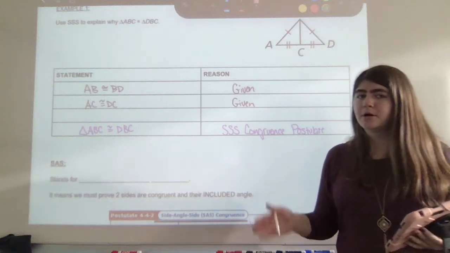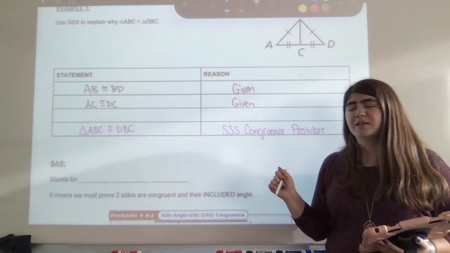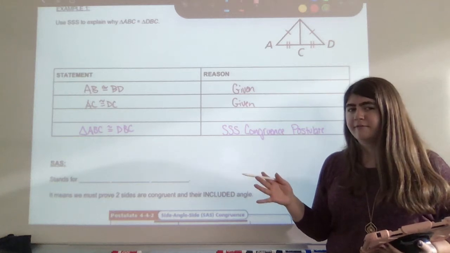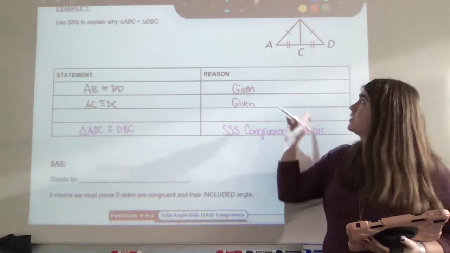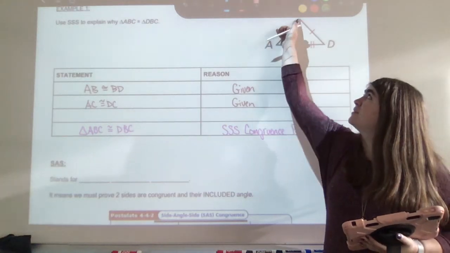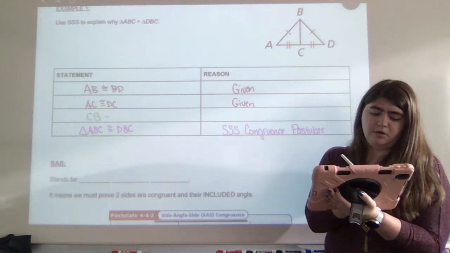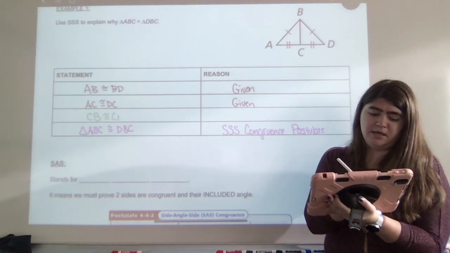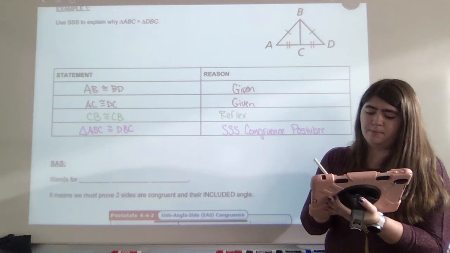So if you remember in the last unit, we had a property that said something could be congruent to itself. That was called the reflexive property, and that is what's happening right here. So I have CB is congruent to CB by the reflexive property of equality.